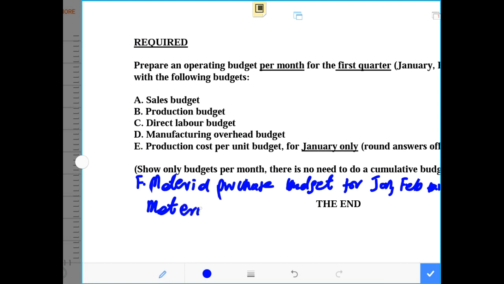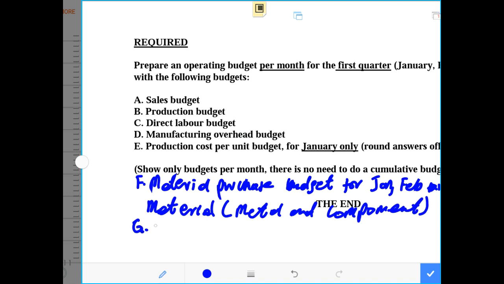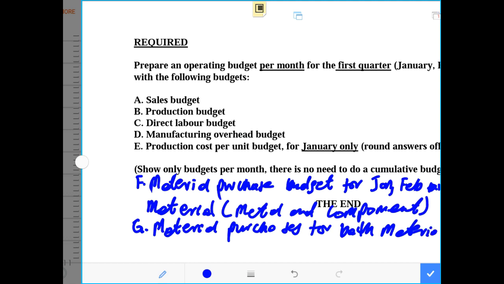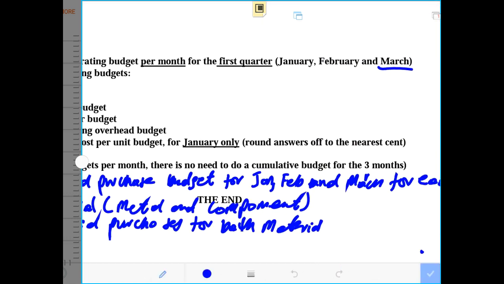Then the last one, number G, is to do the material purchases for both materials, and I am doing it only for the month of January.